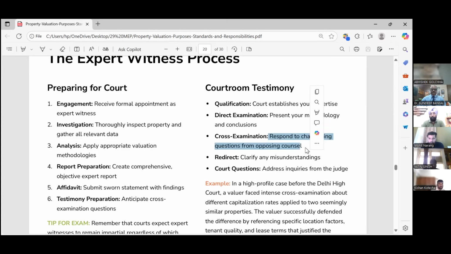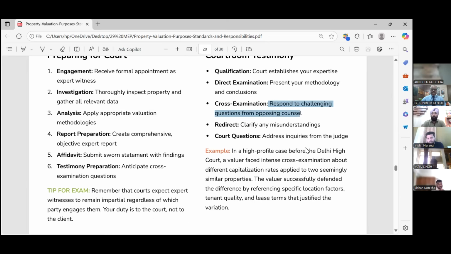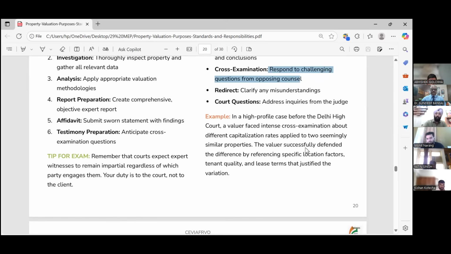And you may have to address inquiries from the judge also. For example, in a high-profile case before the Delhi High Court, a valuer faced intense cross-examination about different capitalization rates applied to two seemingly similar properties. The valuer successfully defended the differences by referring to specific location factors, tenant quality, and lease terms that justified the variation.